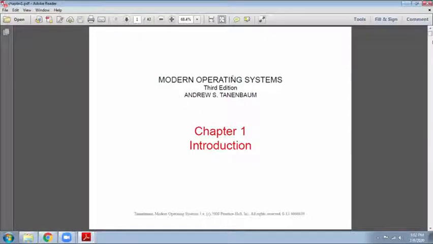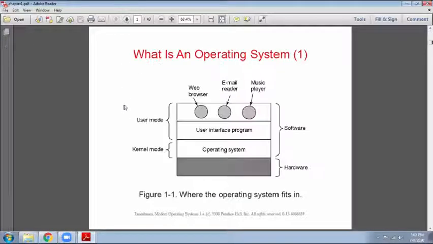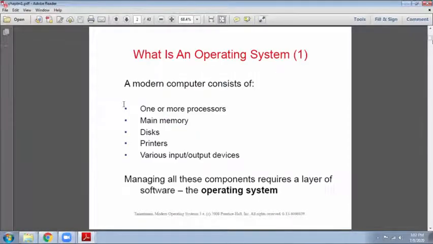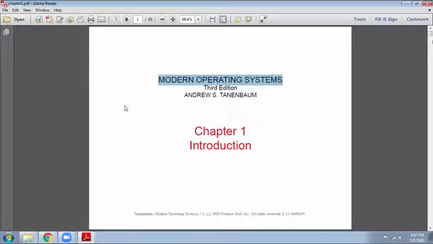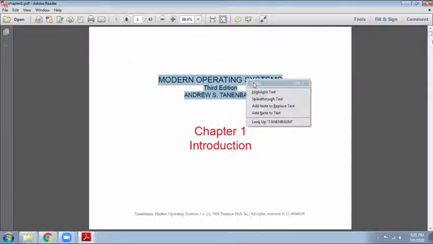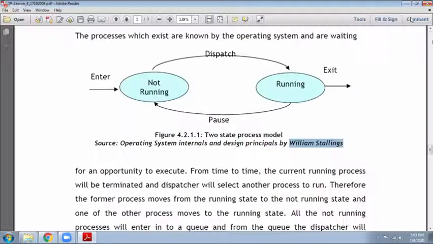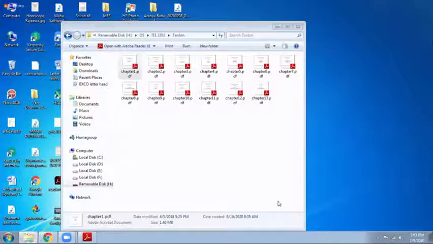So Modern Operating Systems by Andrew Tanenbaum is the second book I'm referring to. Like I have downloaded, you can download this. I downloaded Chapter 1. These are for your reference. And don't worry about the edition, you can get any edition. Okay.